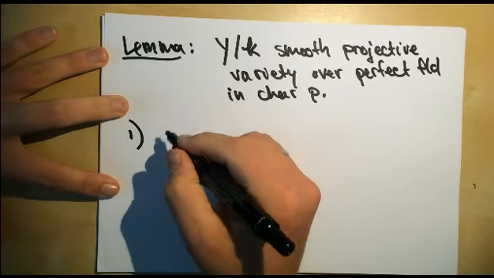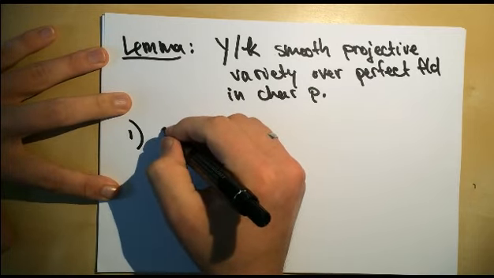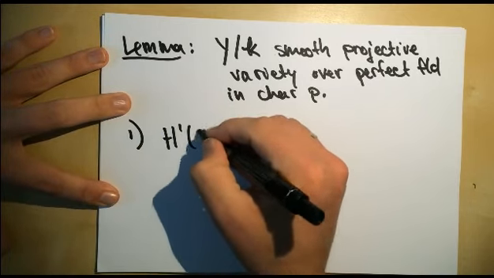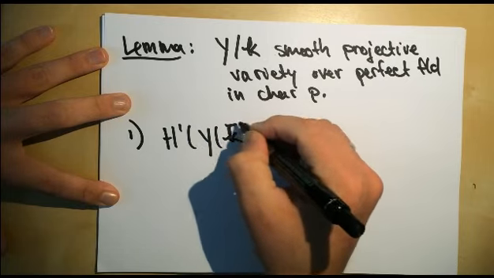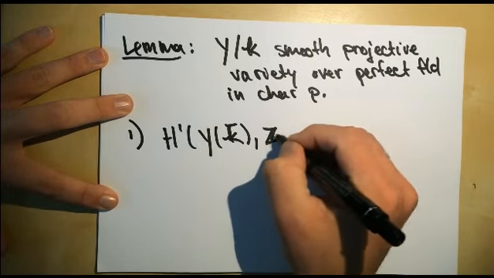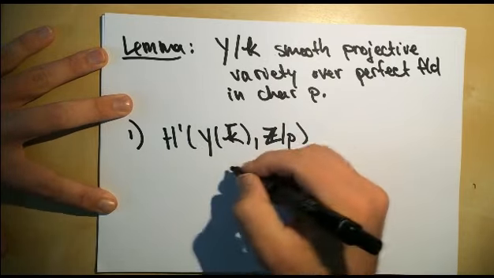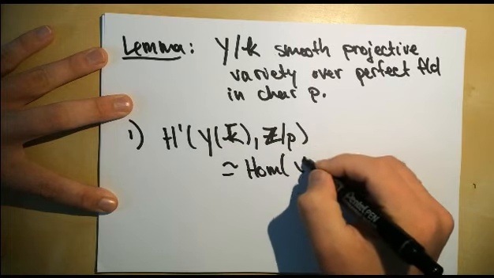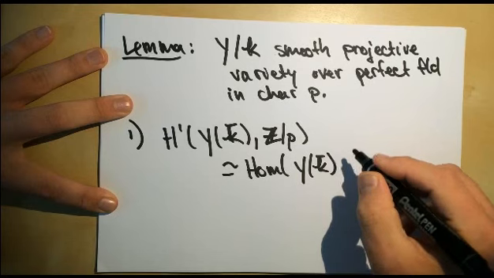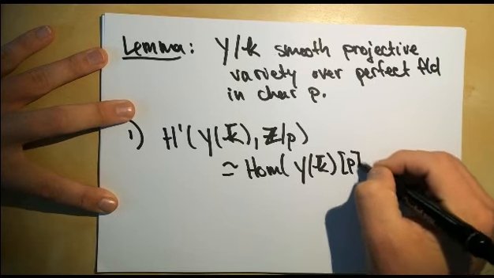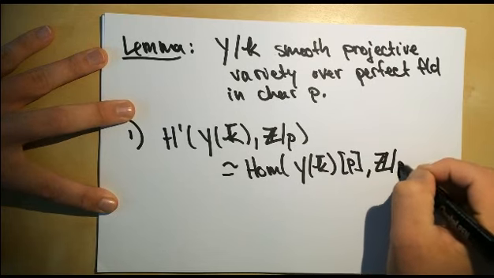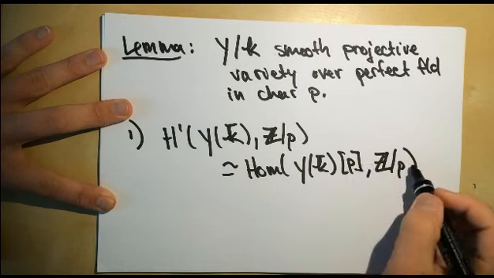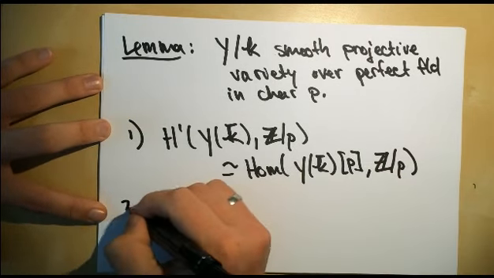The first identity I want to prove is that H^1(Y_kbar, Z_p) is isomorphic to Hom of maps from the p-torsion to Z_p. Okay, so this thing is actually going to give us the p-rank.